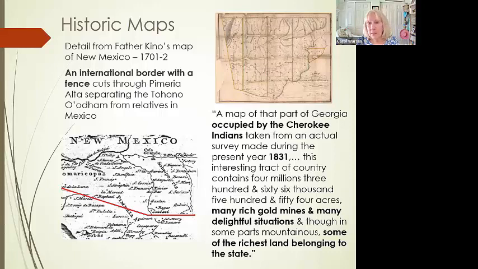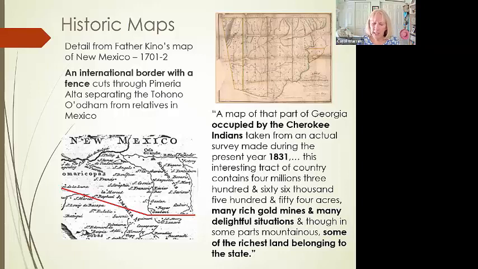But then came a fence, and then came a wall, thus requiring the Tohono O'odham that reside in Mexico to go to a border crossing, which are pretty few and far between in this area of the border.